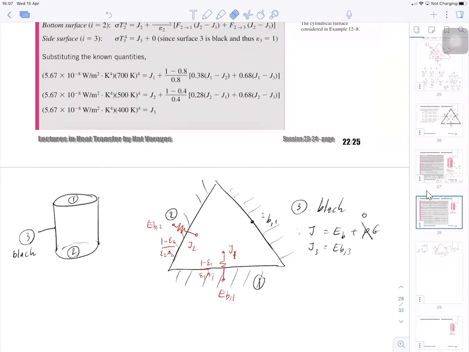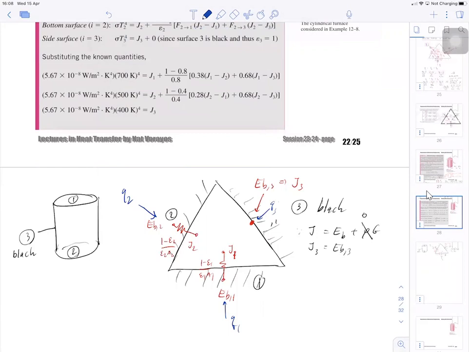I would like to draw it in red. So this is EB3, which is practically J3 anyway. I'll use another color, probably the blue one. This is Q3, this is Q1, this is Q2.